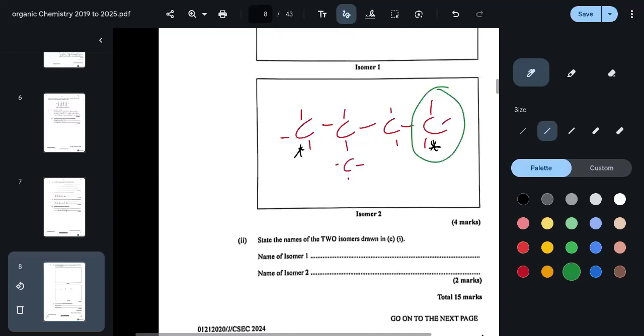Just take off a next one again, right? So that would leave you with 1, 2, 3. And remember, you cannot put it on the carbons at the end. So you put 1 above and 1 below. And then you put on the hydrogens. And that's it.